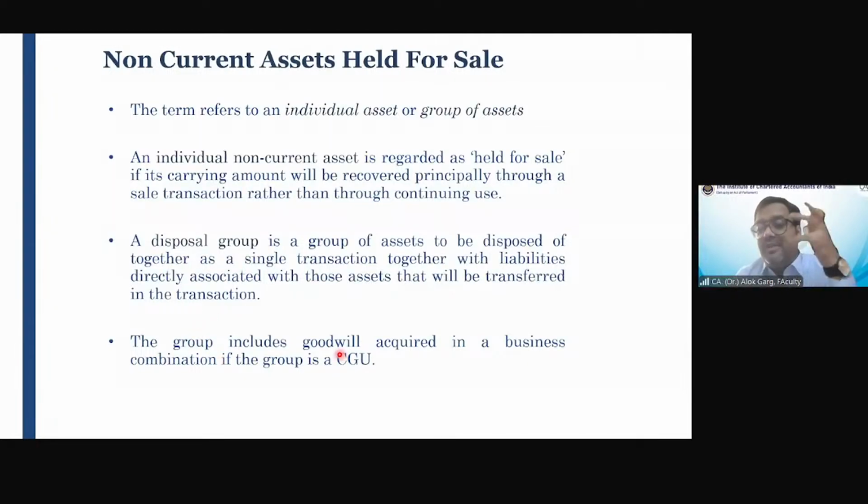The disposal group includes goodwill acquired in a business combination also if the group is a cash generating unit. In the last class, you remember when we were doing the impairment, allocation of impairment loss of the cash generating unit, we were hitting the goodwill first, right? So a cash generating unit may have a goodwill also, so this disposal group may have a goodwill. Okay.